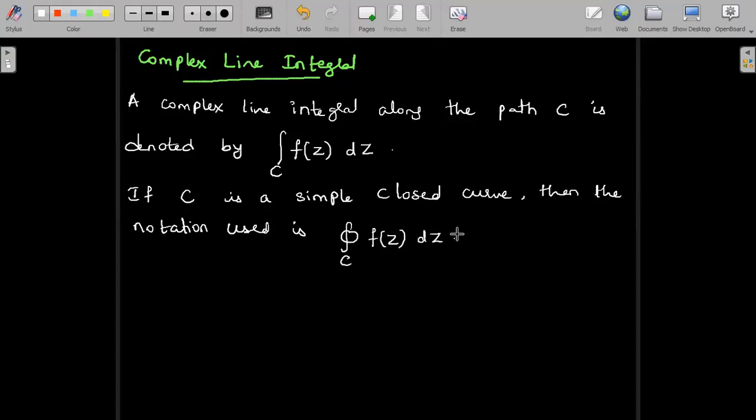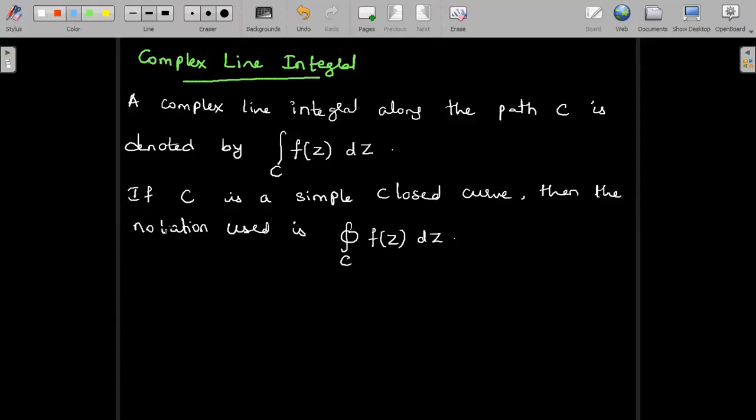So a complex line integral along the path C, where C might be any curve, it might be a square, a straight line, or a simple arc, is denoted by integral over C f of z dz. And if C is a simple closed curve, then the notation used is integral over the closed curve C, with a circle around the integral symbol, f of z dz.